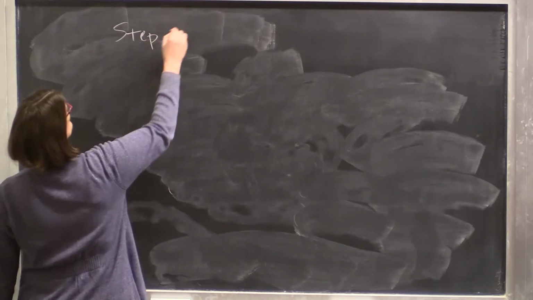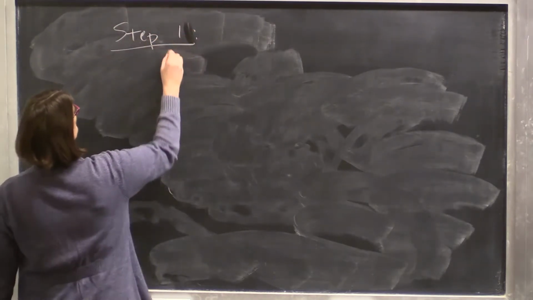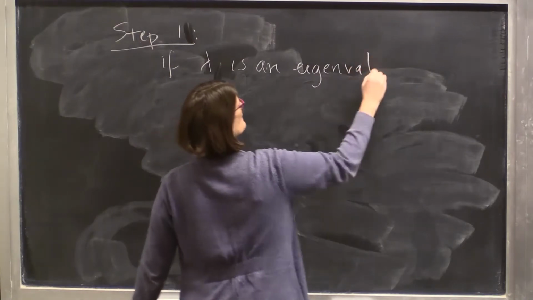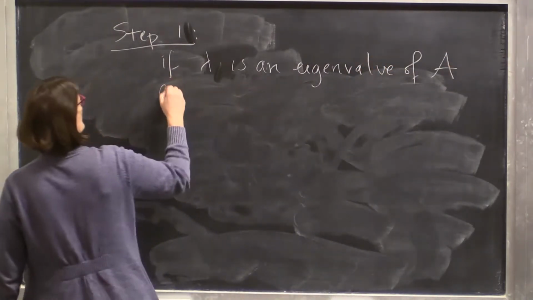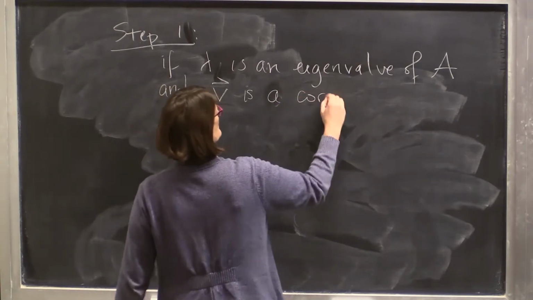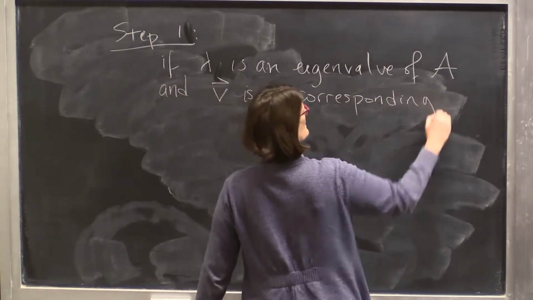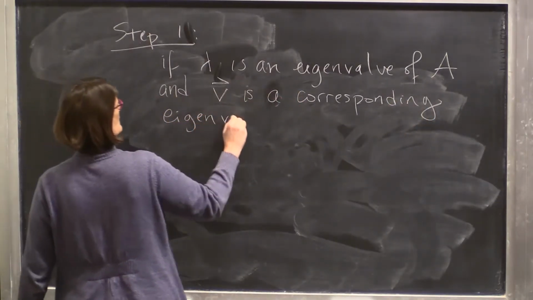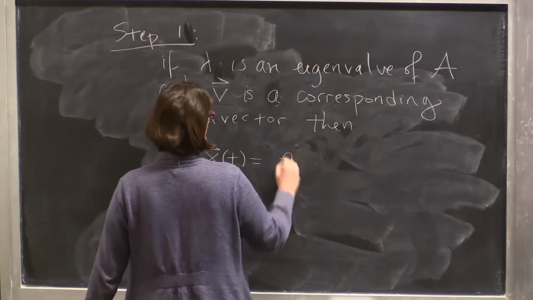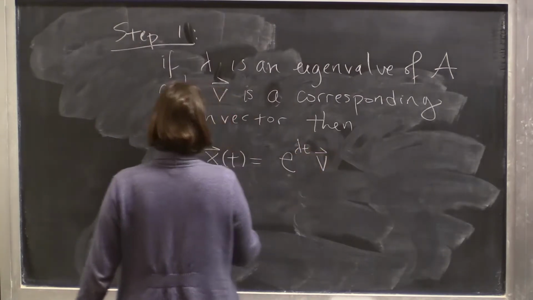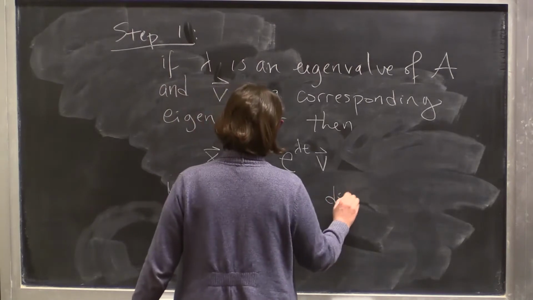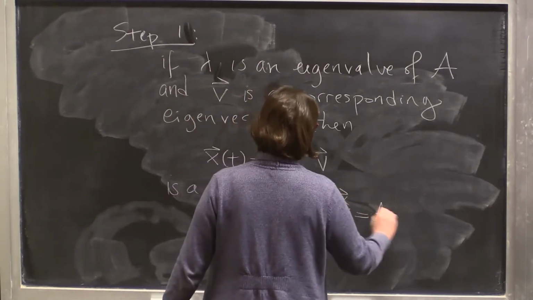Step one: if lambda is an eigenvalue of A and v is a corresponding eigenvector, then x of t, which is simply e^(lambda t) times v, is a solution of dx/dt equals A times x.